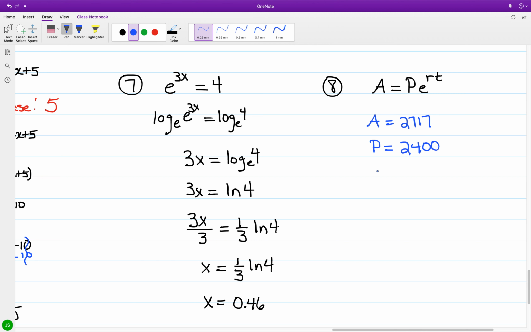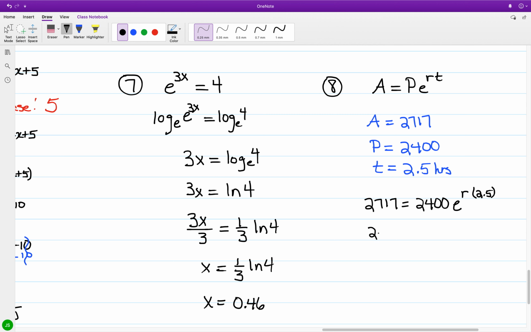And for the time span, that was 2.5 hours. So we have A at 2717, P at 2400, times e to the r times t, and we're looking at solving for r, and t we have at 2.5.